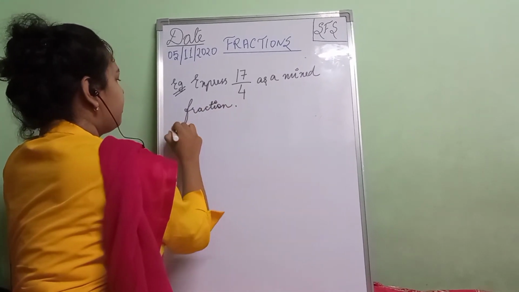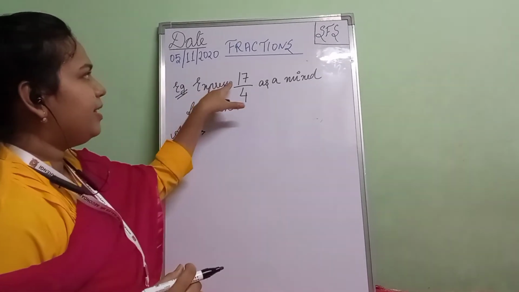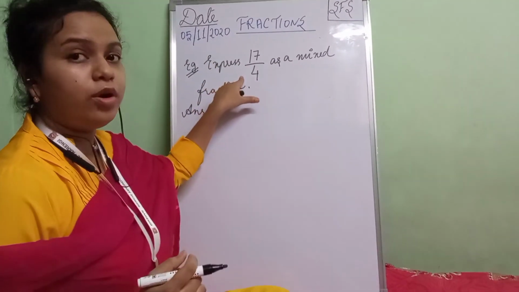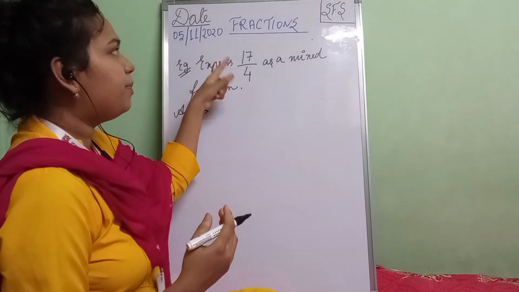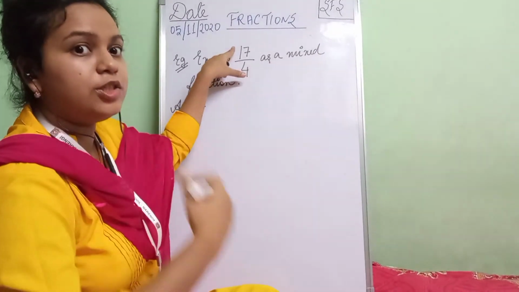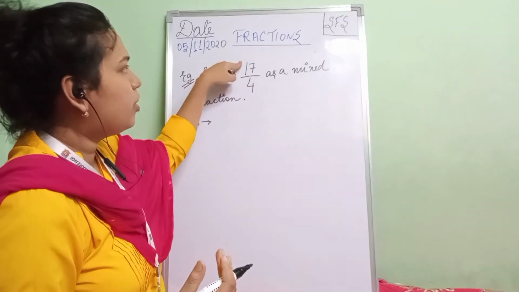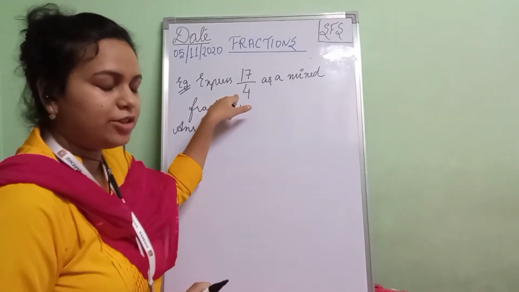Look children, 17 by 4 is an improper fraction, right? Why? Because 17 is greater than 4. If the numerator is more than the denominator, it is an improper fraction.